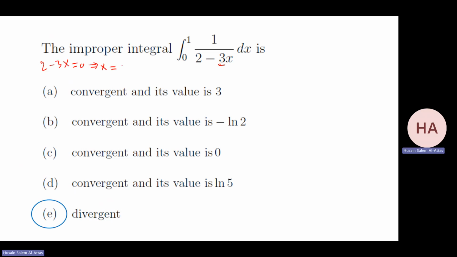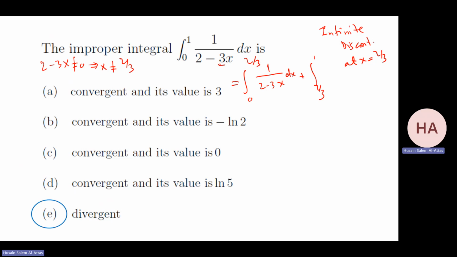I have x equal to 2 over 3, so I have an infinite discontinuity at x equal 2 over 3. So I need to split this into two parts: 0 to 2 over 3 of 1 over 2 minus 3x dx, plus 2 over 3 to 1. Same function. Let me take the first integral.